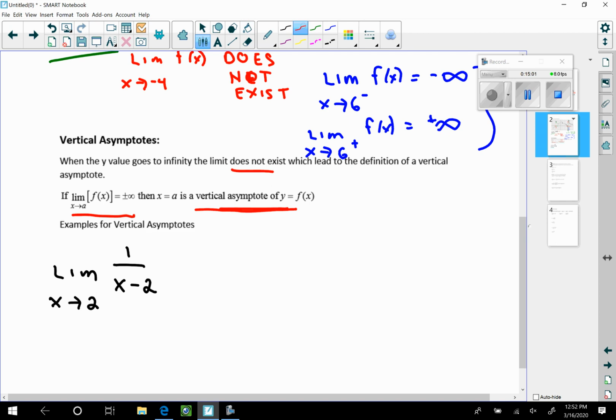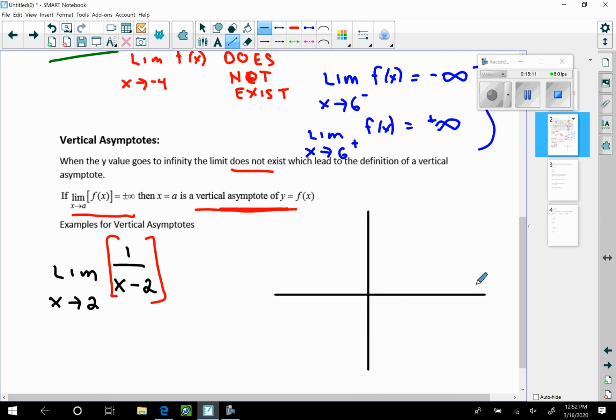But really the best way to do this limit is use our pre-calculus skills, and let's graph this bad boy. We know right away from pre-calculus that this rational function does not exist at 2. It explodes at 2.